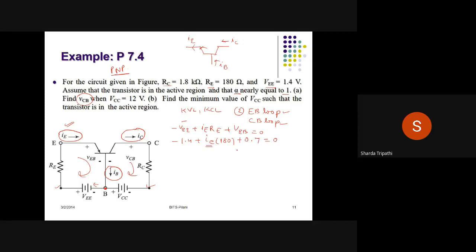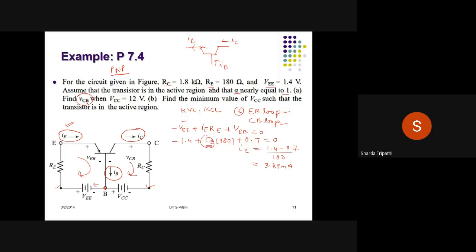So now we have only one variable, that is IE, and we can calculate its value as say 1.4 minus 0.7 divided by 180. If you calculate this, this comes out to be 8.39 milliamperes. So I have my IE from here.